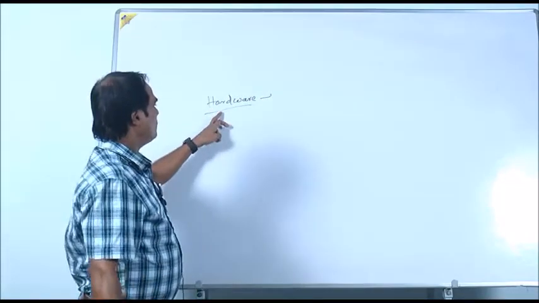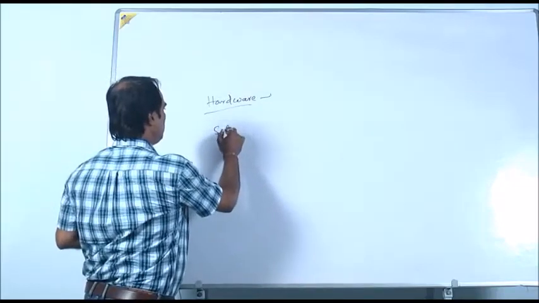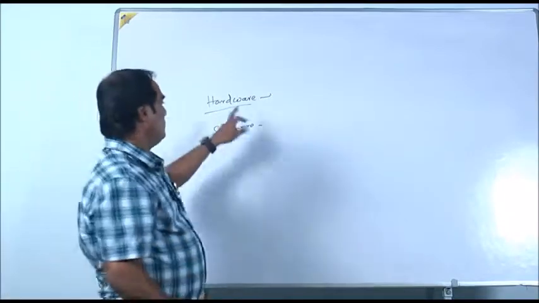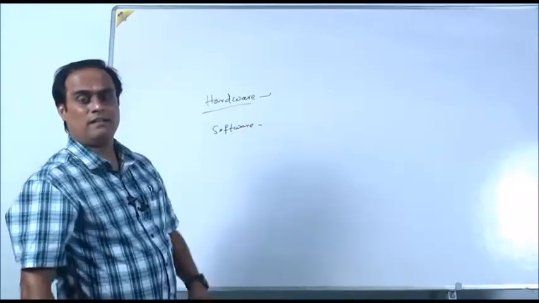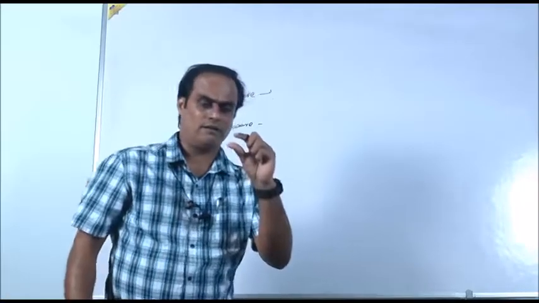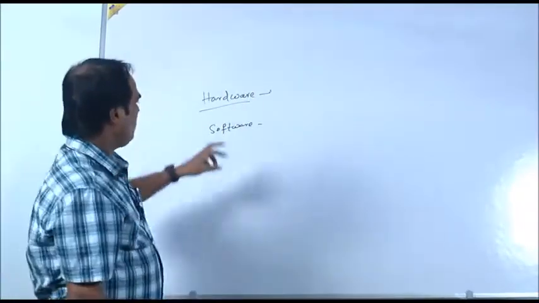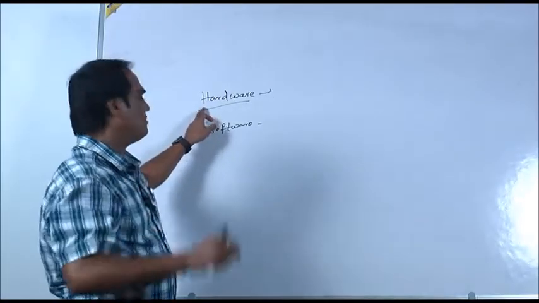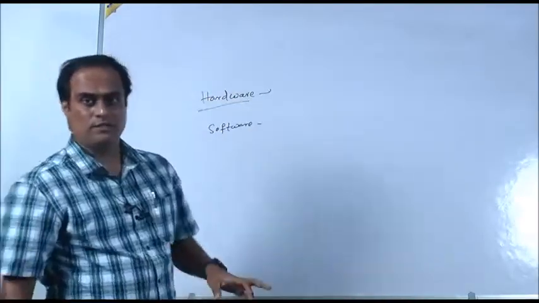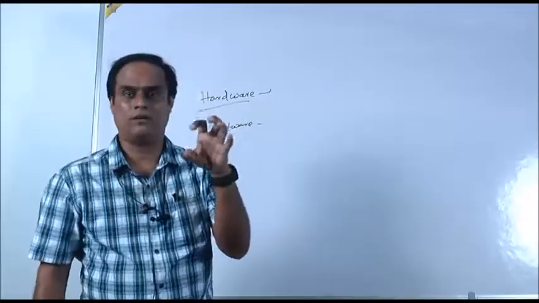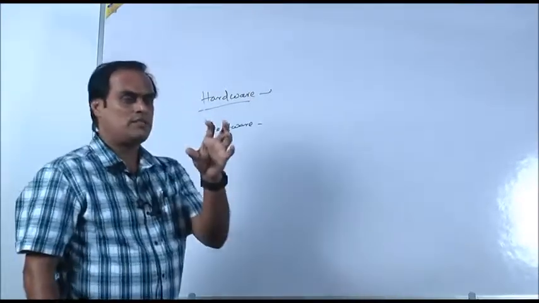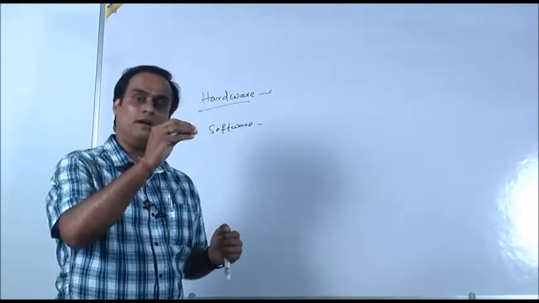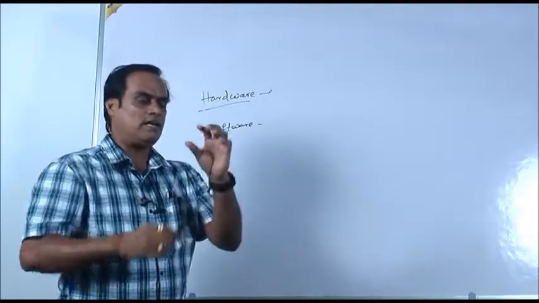So, what is hardware, and one more word, that is software. In computer terminology, we use these two very commonly used terms. Hardware means the physical components of the computing system. Physical computing component means a device which can be identified, it has some identity.